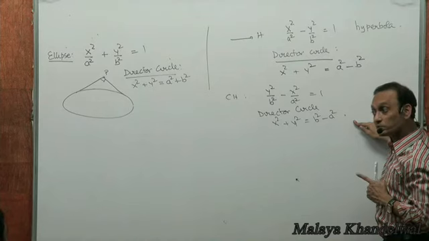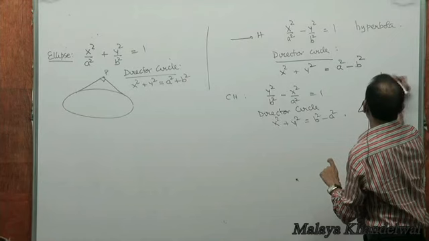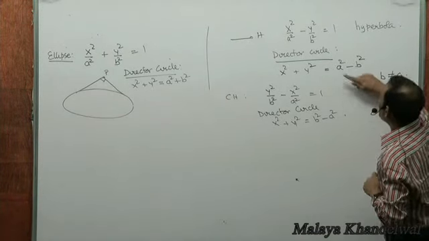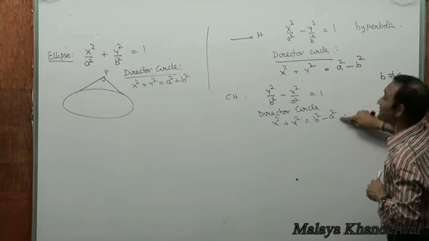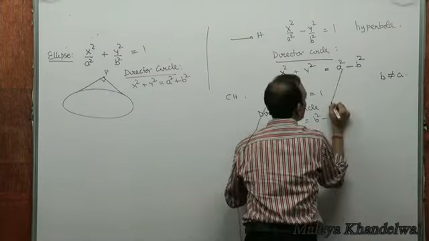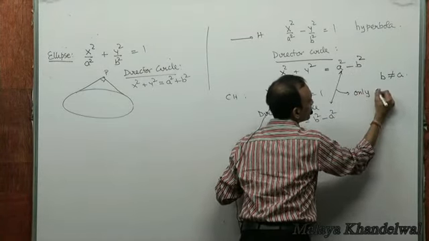That means if b is not equal to a, then between this director circle and this director circle, only one will be real.